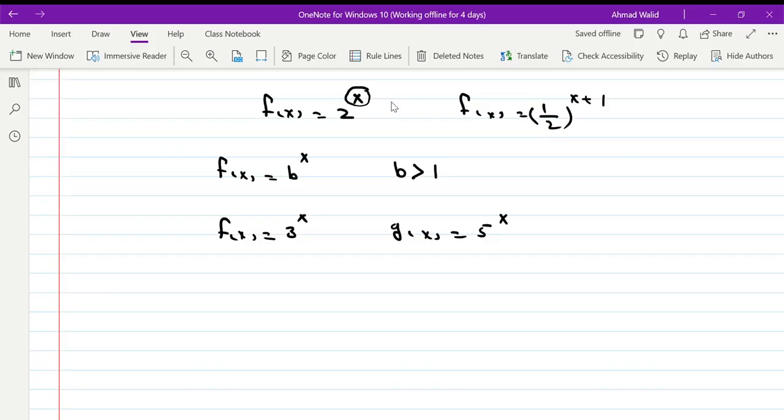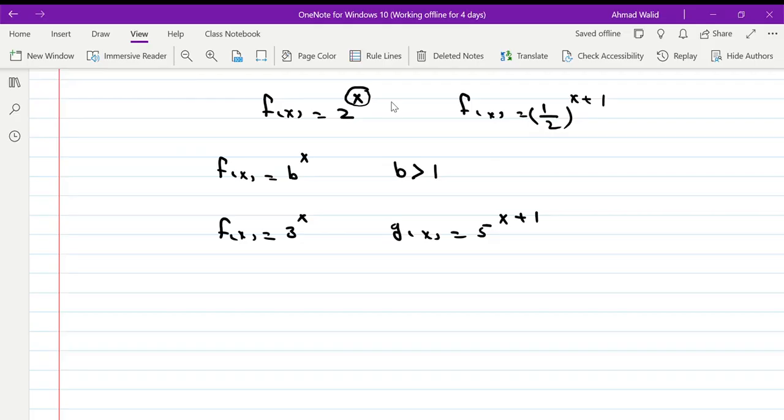Or x plus 1. Correct? We call this type of exponential functions increasing exponential functions or exponential growth. Later, when I start graphing, I will show you why we call it increasing.